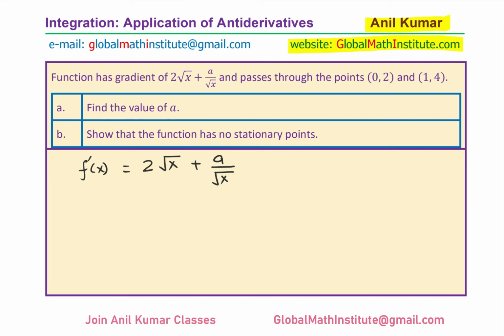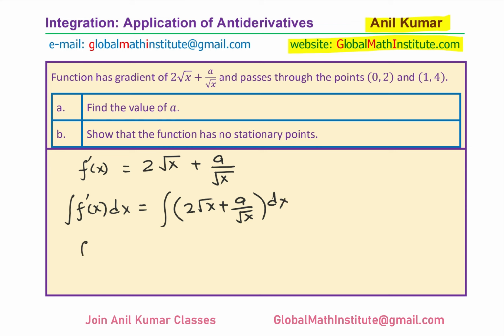To find the function, we'll take the integral, right? So the integral of the derivative, the gradient, will be the function itself, correct? So the integral of 2 square root x plus a over square root x dx.